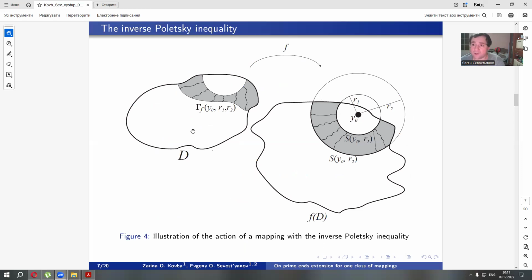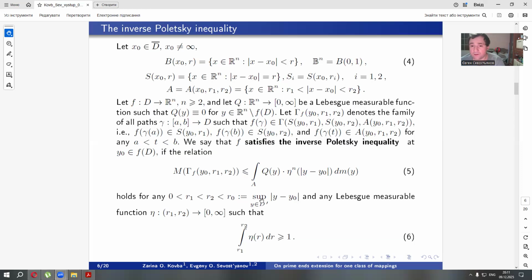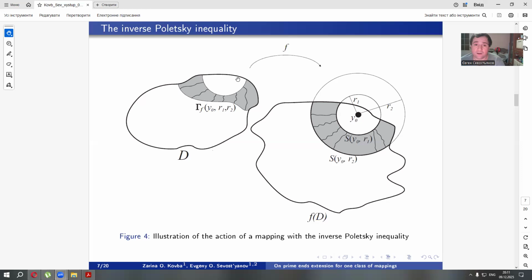We see on the picture the illustration of the mapping which satisfies 5 and 6. So in the pre-image, we have the family Gamma_f(y_0,r_1,r_2), and in the image under the mapping f, we have the family of paths joining the spheres centered at the corresponding point and of the corresponding radii.